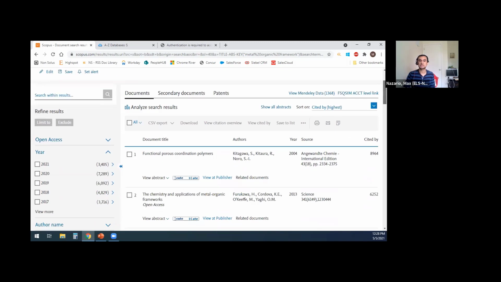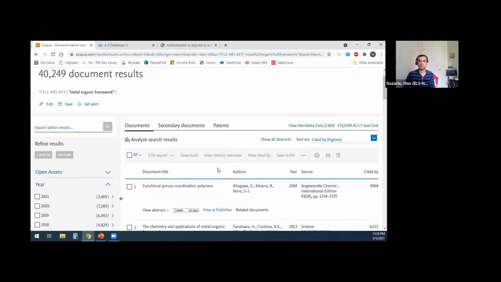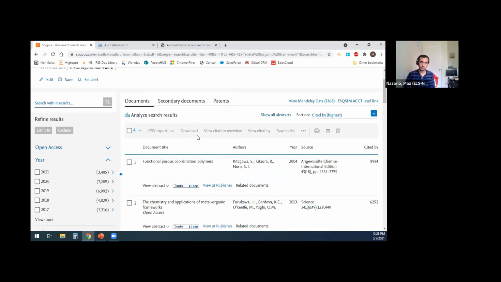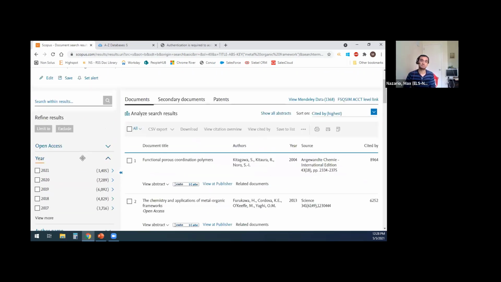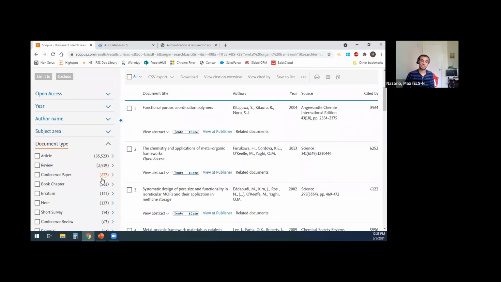Over at right, we can see the list of publications that have been returned by this search, and I have various options in order to sort those up here. I also have the option over at the left to filter these results. So Jay did speak a little bit about all of the different forms of research that are available. And within Scopus, you do also have the ability to search those document types as well.